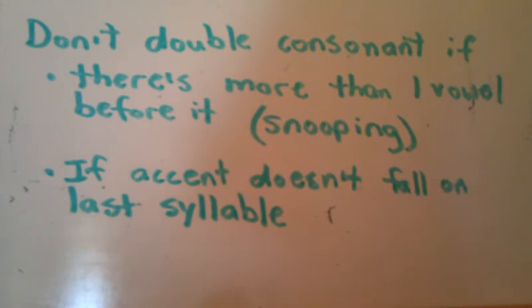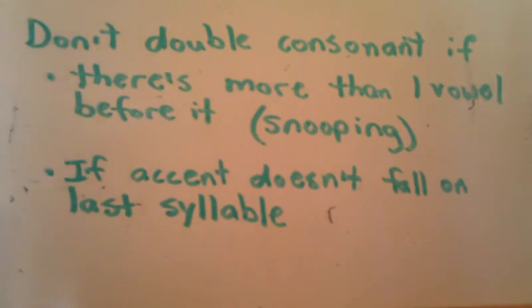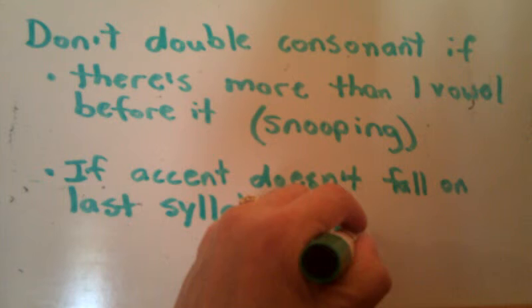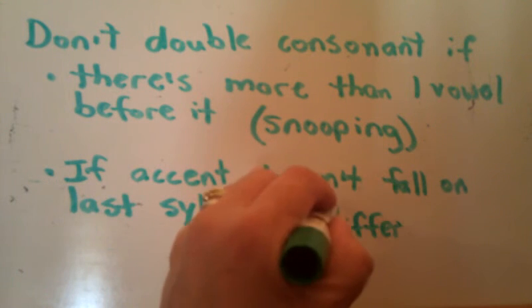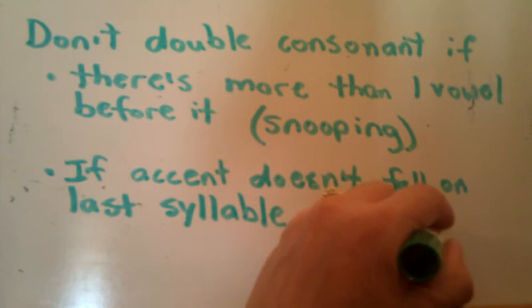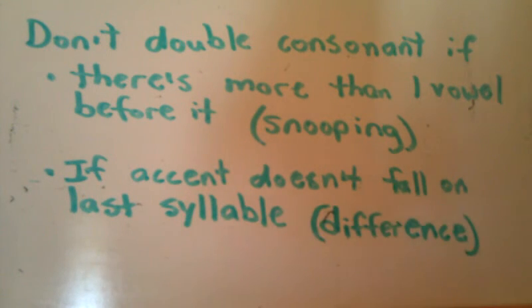For example, if I have the word differ, D-I-F-F-E-R. It's a consonant, has a vowel before it, but the accent's on the first syllable, so I'm not going to double the R. Like if I add E-N-C-E for difference, I'm not going to double the R because the accent was on the first syllable.